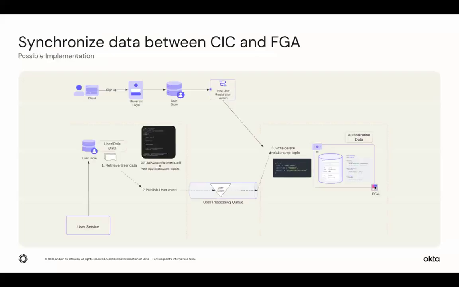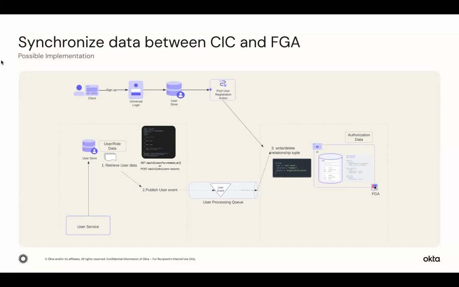All right. The final thing is how data gets synced if I'm using Okta CIC and I have FGA. In the future, we're going to have an automated process to sync data between the two platforms, but currently it's going to happen through the action.